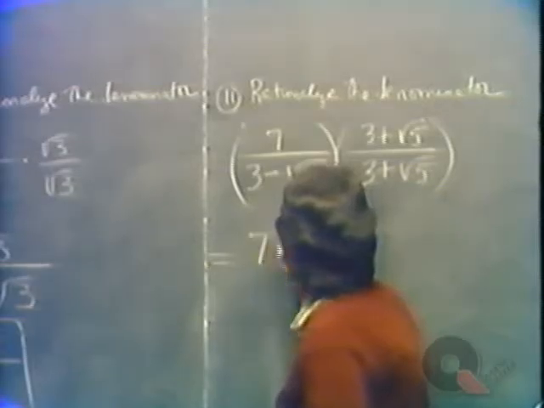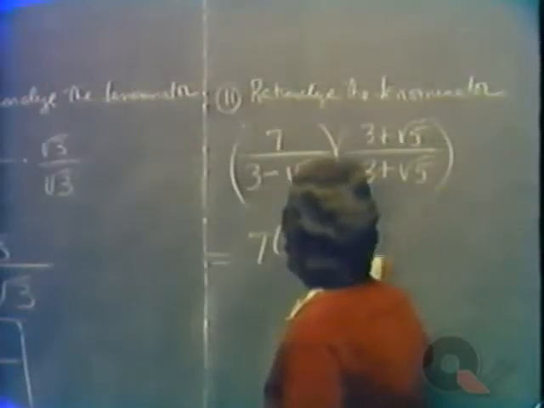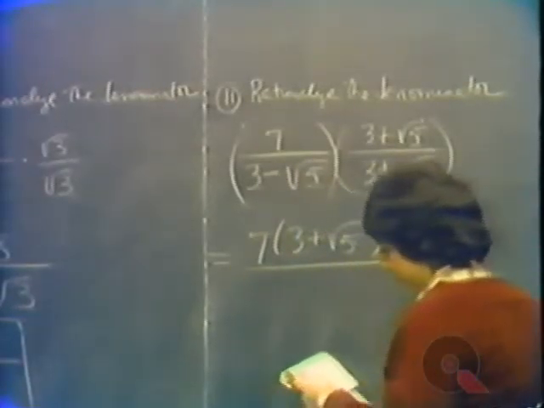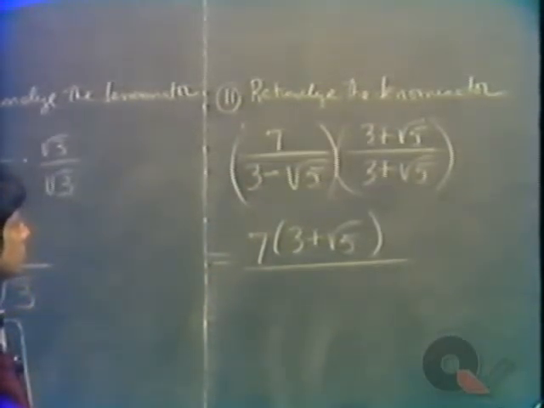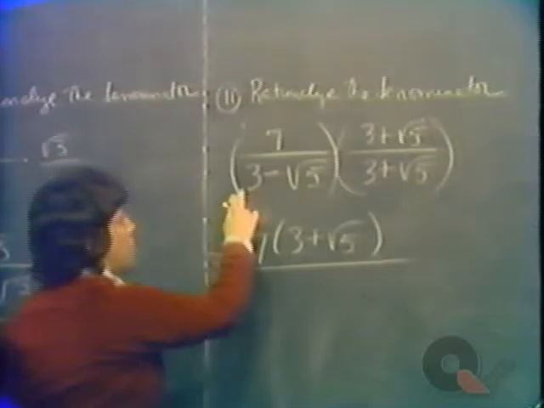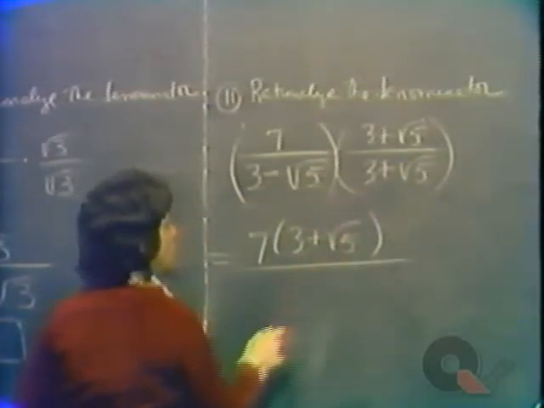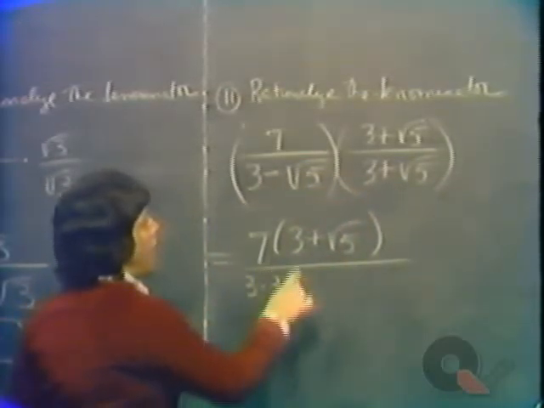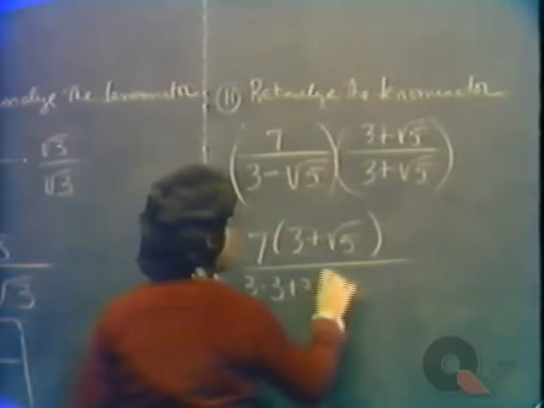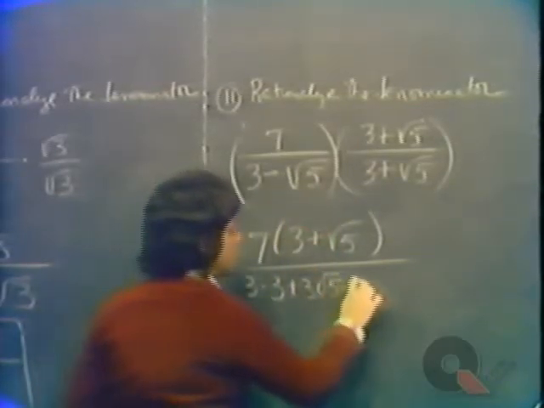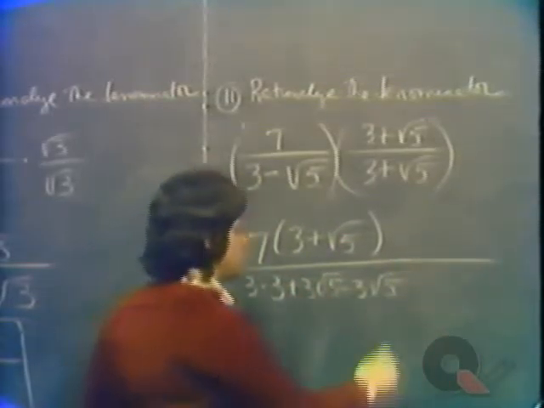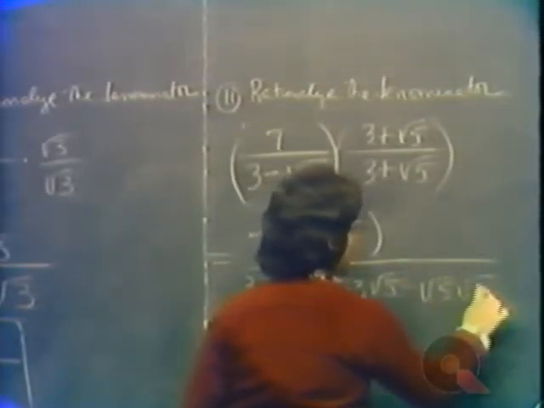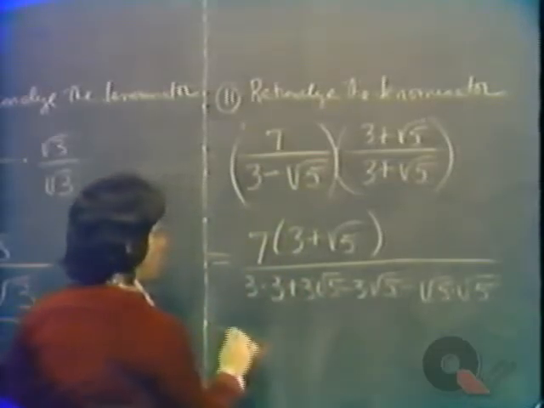We have on top 7 times 3 plus the square root of 5, and on the bottom, using FOIL, first 3 times 3, outer is plus 3 the square root of 5, inner is minus 3 the square root of 5, and last is minus the square root of 5 times the square root of 5.